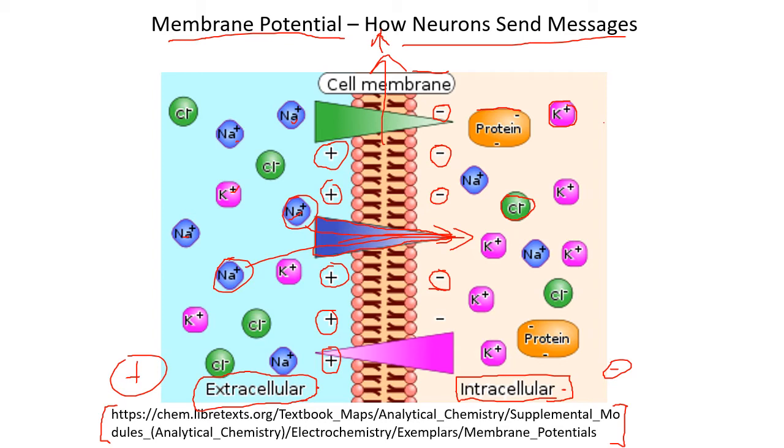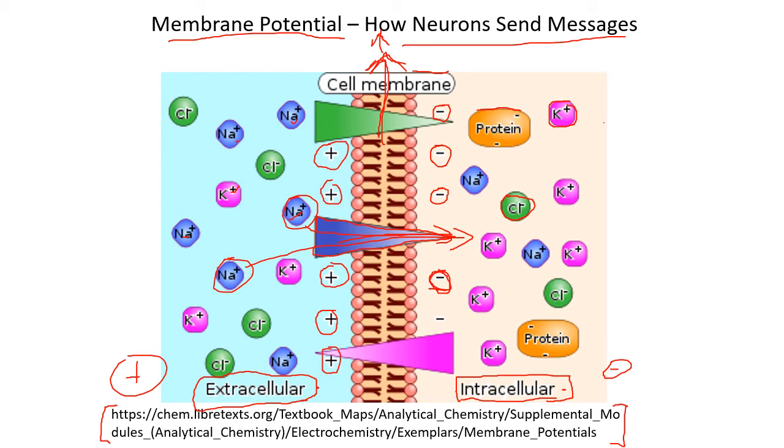Eventually, as this electrical signal is moving away, these channels will then close, and then we will recalibrate and go back to our normal resting potential with the more negative on the inside.